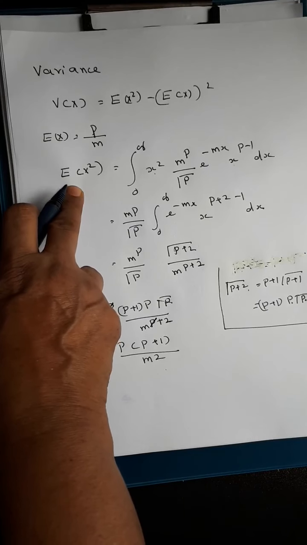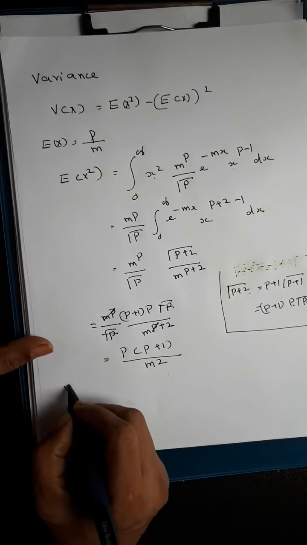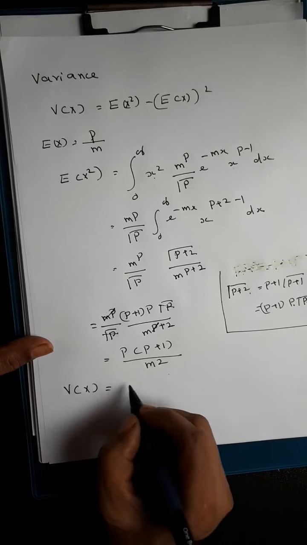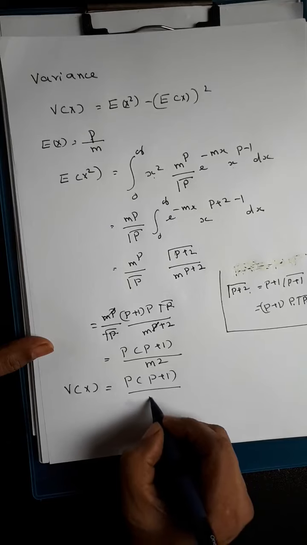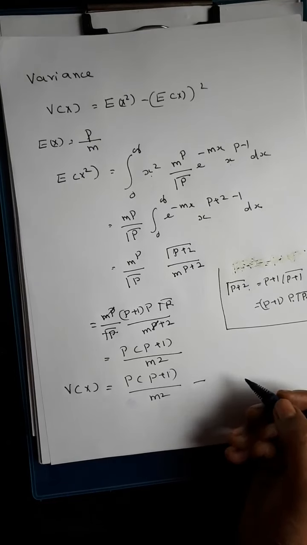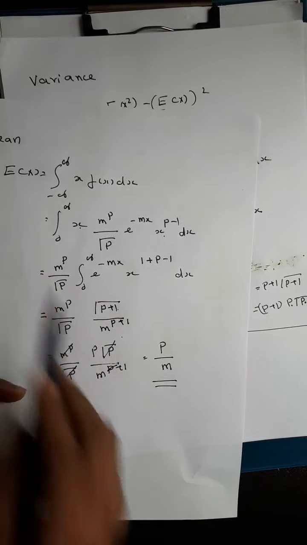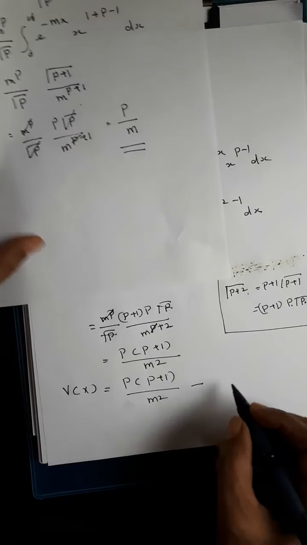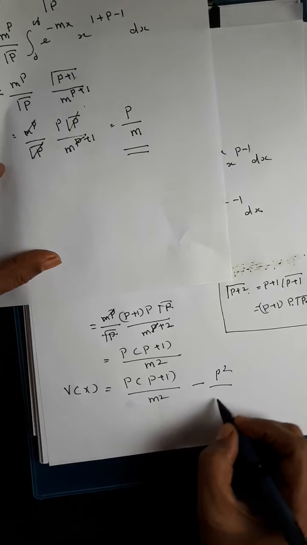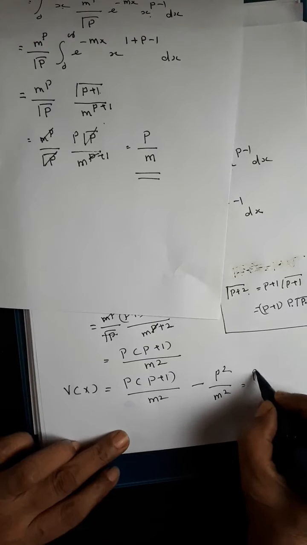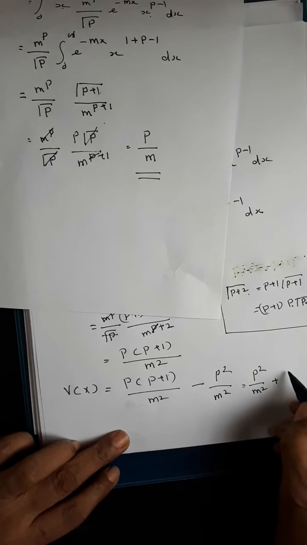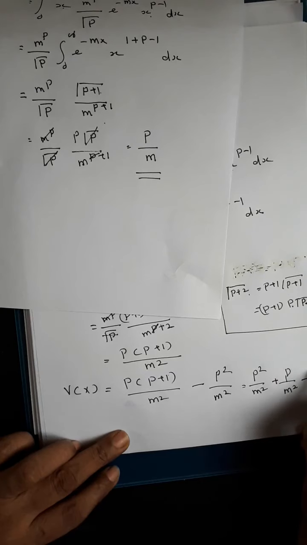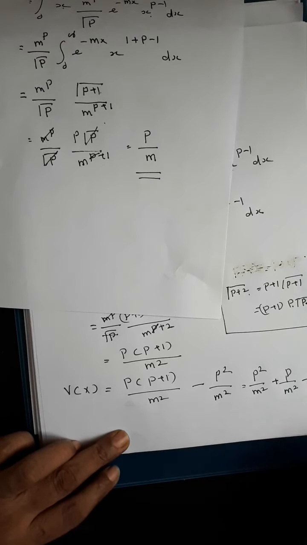So we have p into p plus 1 divided by m square as an expression for E of x square. So what is the variance of x? Variance of x is equal to p into p plus 1 by m square minus, we know that E of x is p by m, so E of x whole square is p square by m square. That is p square by m square plus p by m square minus p square by m square.